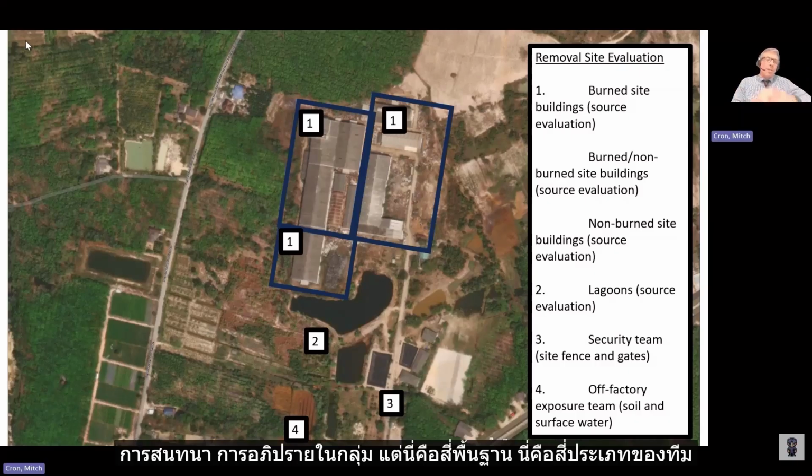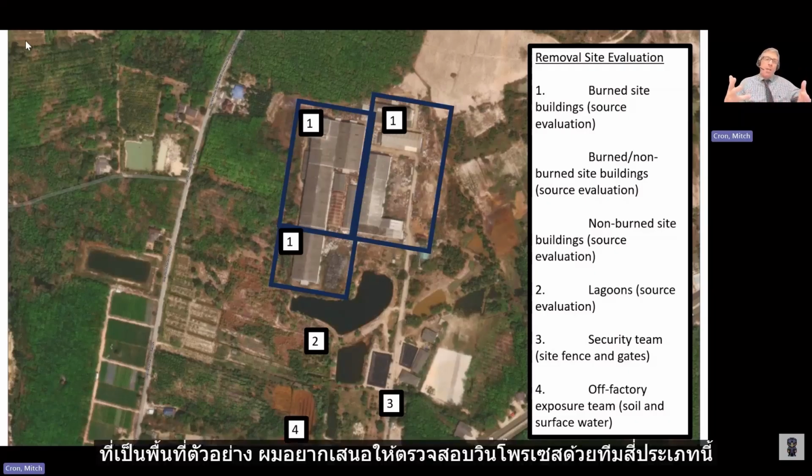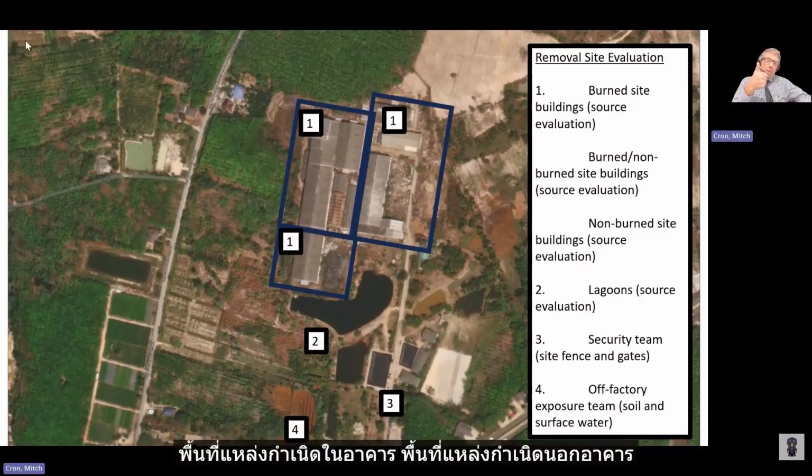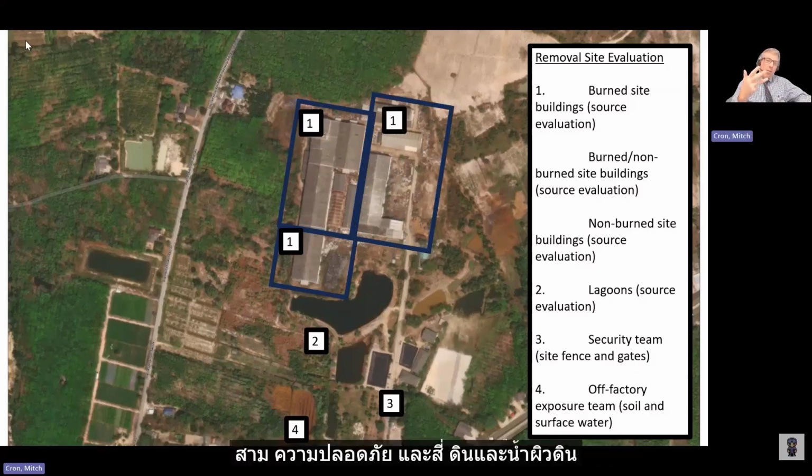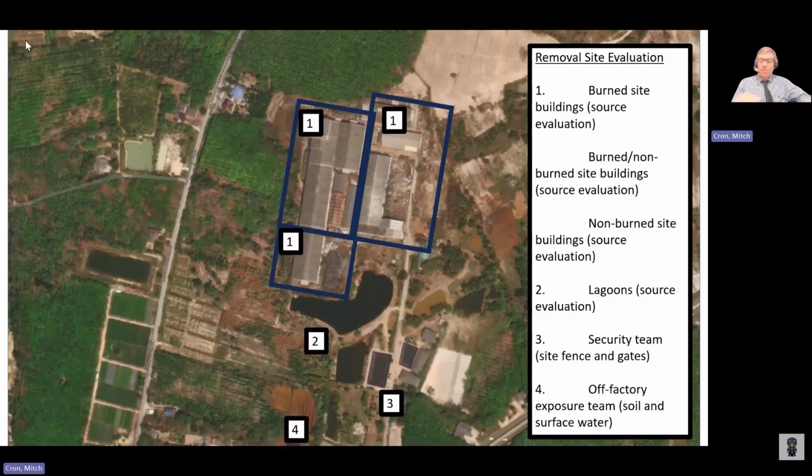But these are the four basic types of teams that, as an example site, I wanted to propose for inspecting Wind Process: 1, source areas in buildings, outside of buildings, in burned buildings and unburned buildings; 2, lagoons; 3, security; and 4, soil and surface water down gradient, downstream from the Wind Process site.